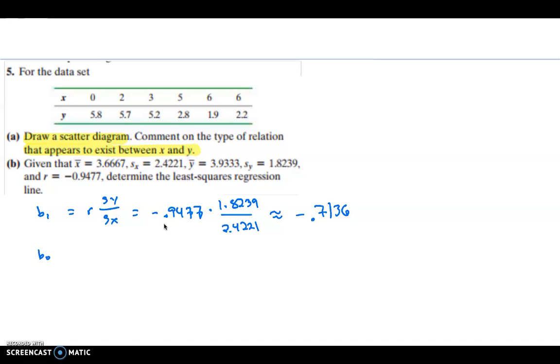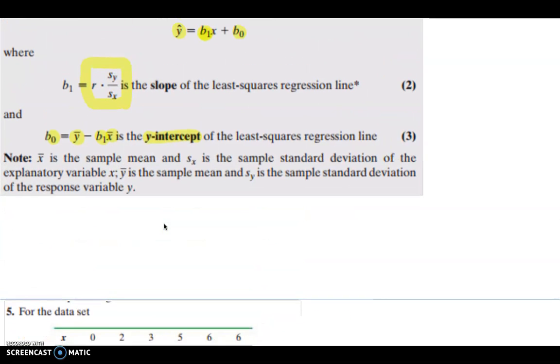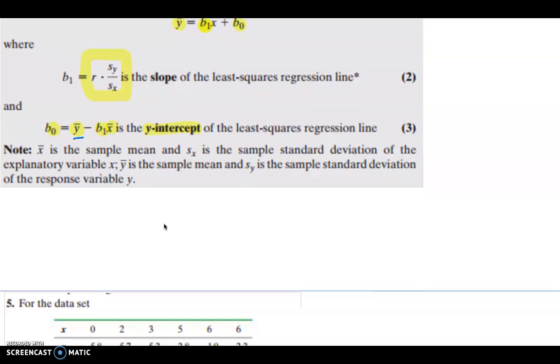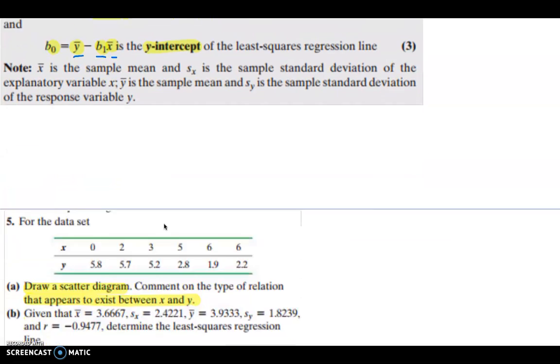And then B sub naught is going to be equal to Y bar minus B1 times X bar.